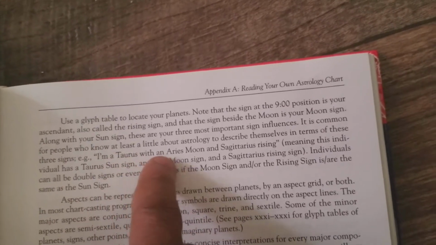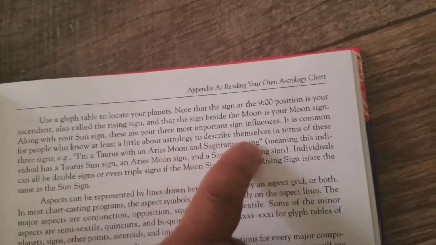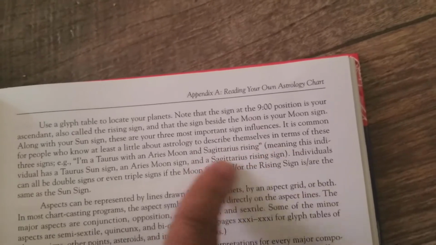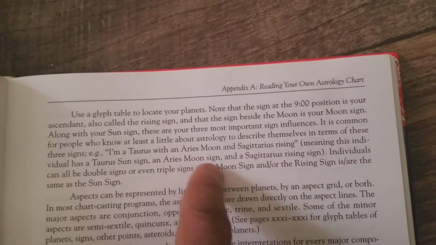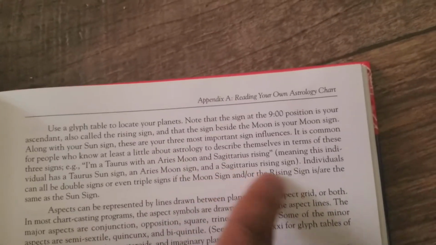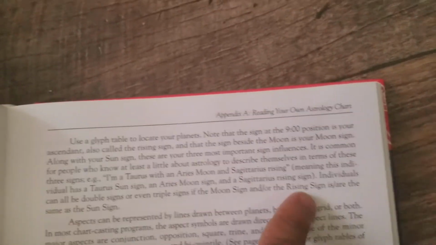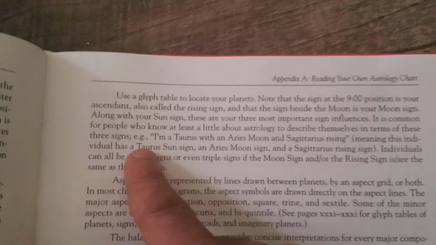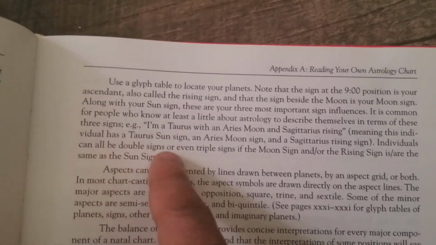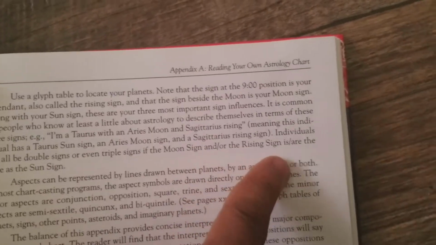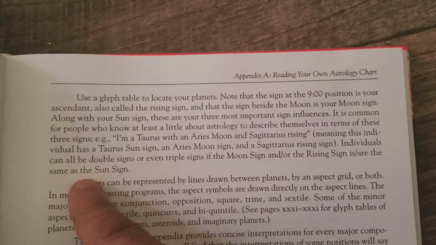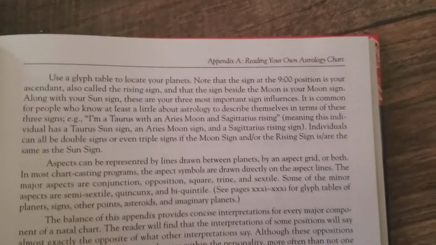I am a Taurus with an Aries moon and a Sagittarius rising, meaning that individual has a Taurus sun sign, an Aries moon sign, and a Sagittarius rising sign. You see how important this stuff is? Individuals can be double signs or even triple signs if the moon sign and or rising sign is the same as the sun sign. So you could be a triple Gemini. I know somebody that's a double Gemini.